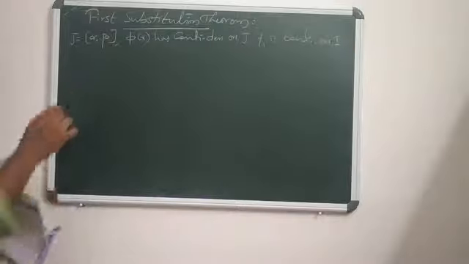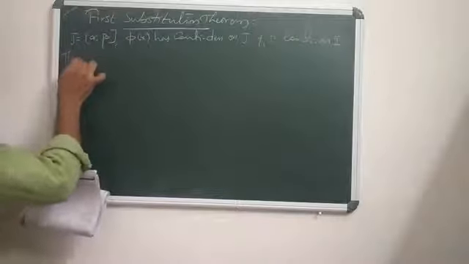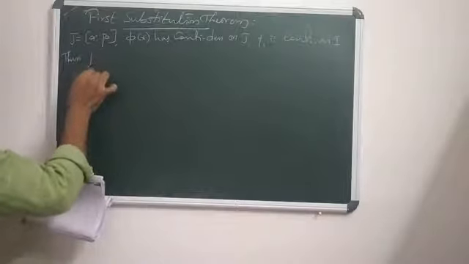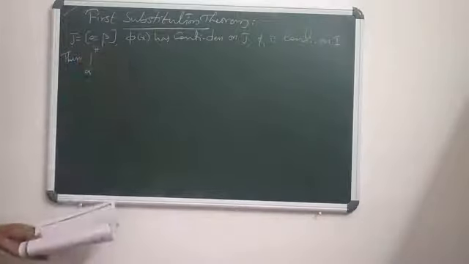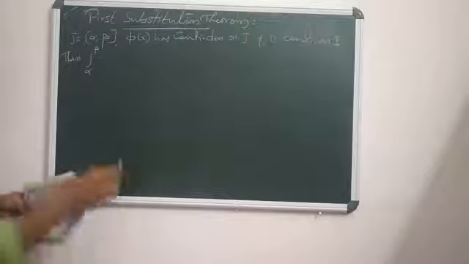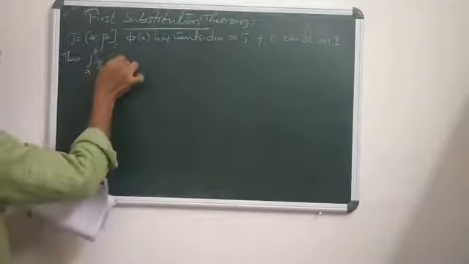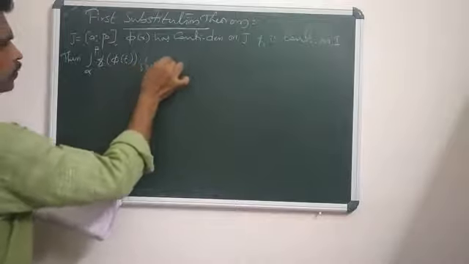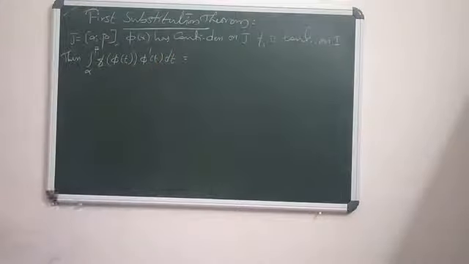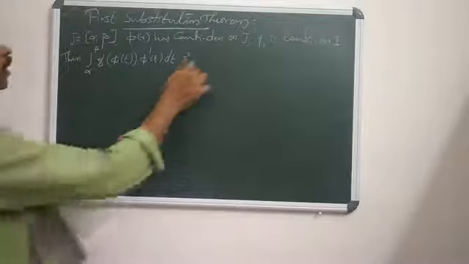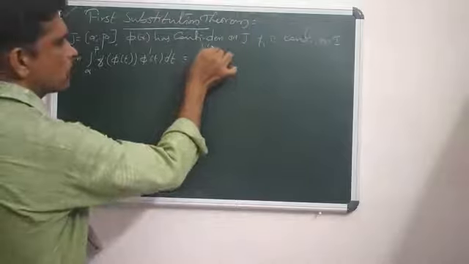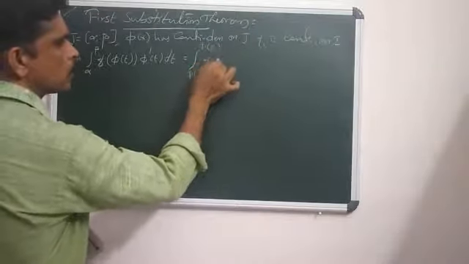Then the first substitution theorem states that the integral from alpha to beta of f of phi of t into phi dash t dt equals the integral from phi of alpha to phi of beta of f of t dt.